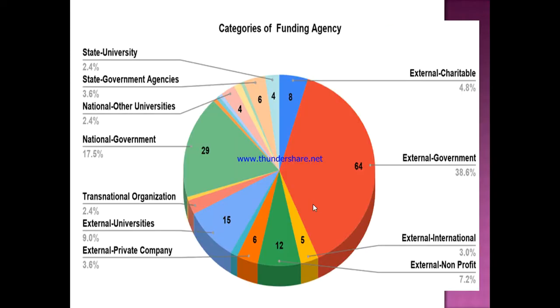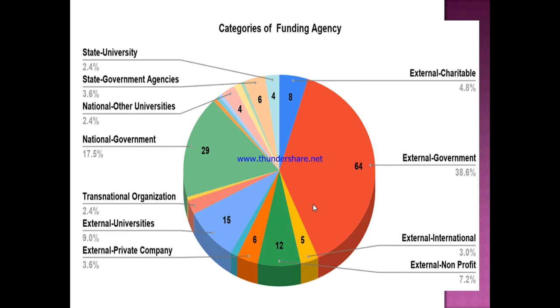Before going to start about the project grants, in 360 degree we will do the analysis of category of funding agencies. So if you can see, overall the major funding agencies are external government, that is 38.6%, then national governments 17.5%.